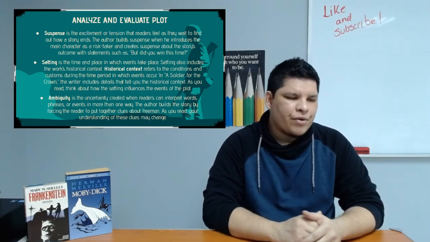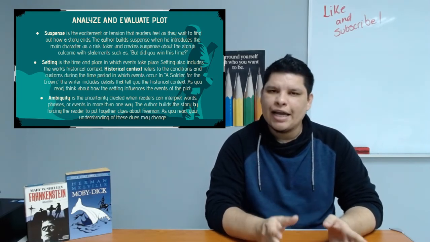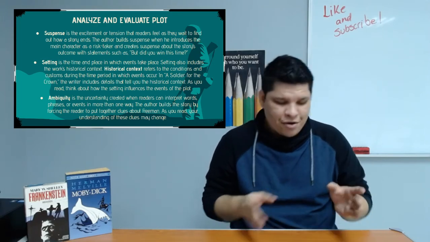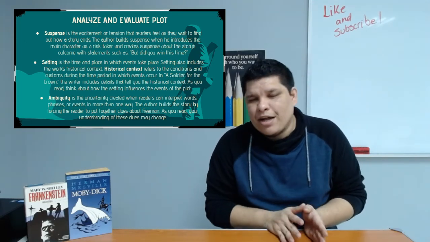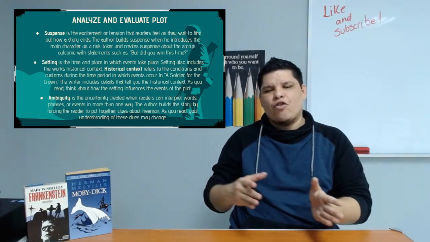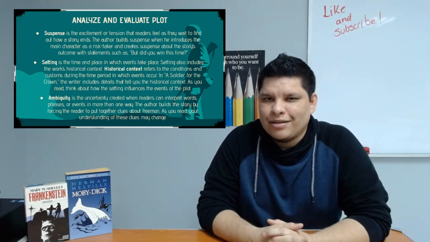As we read, we are going to understand these clues may change, again, because Freeman, as the main character, has to interact in a setting with the plot, with other characters, with situations, and that's the road that the author wants us to take.